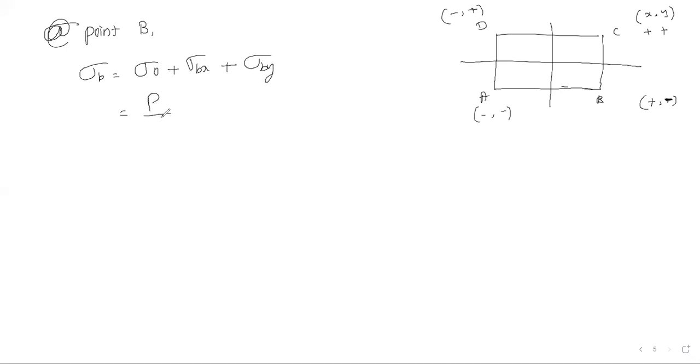The formula is P by A, Mx into y by Ixx. So here y value is negative, so this is negative. Okay, then My into x by Iyy.